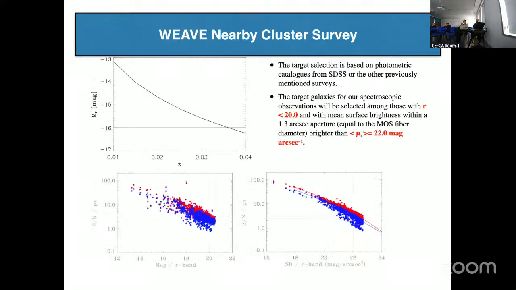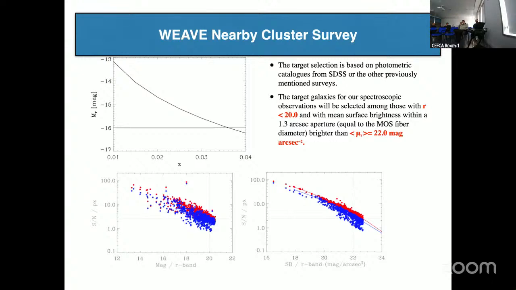Here I show you the limiting magnitude that we expect to achieve as a function of the redshift of these clusters. In all cases, we will observe up to minus 16, and for the very close clusters, we will observe until minus 14 or so.